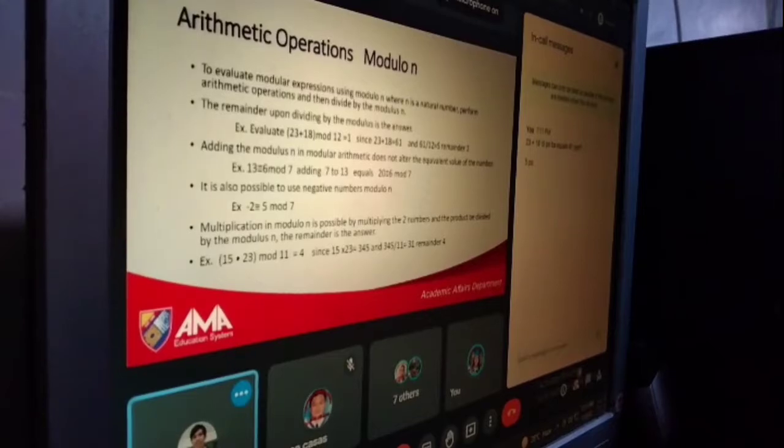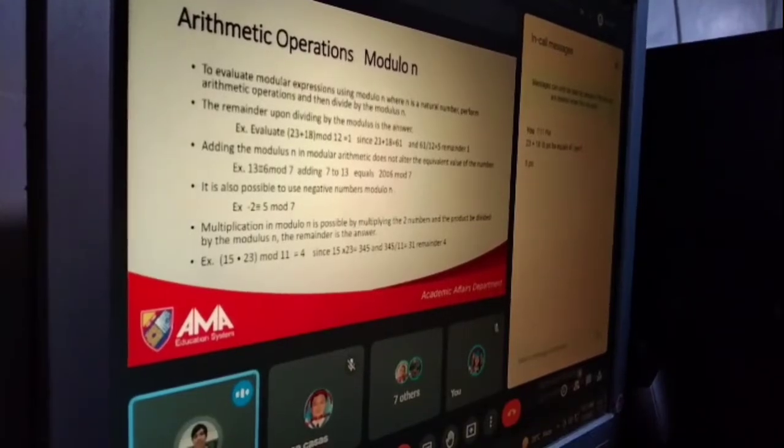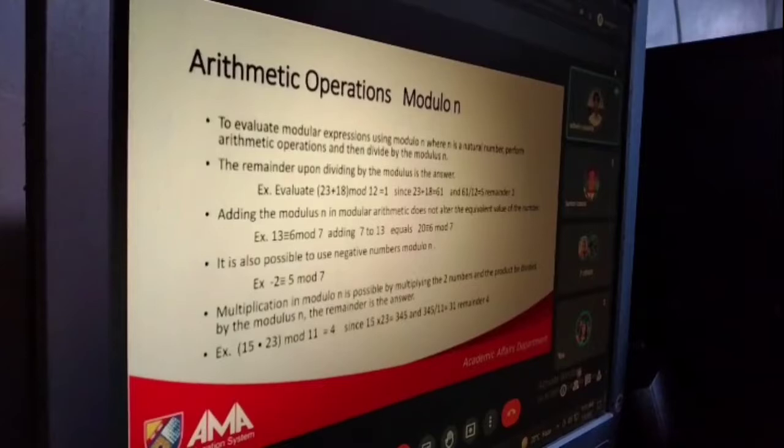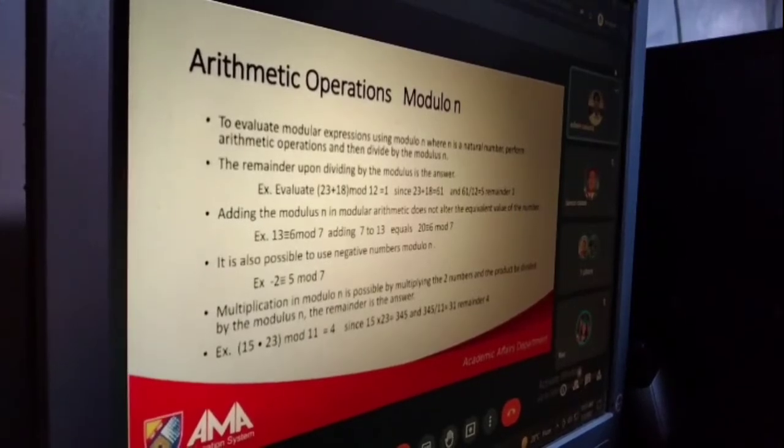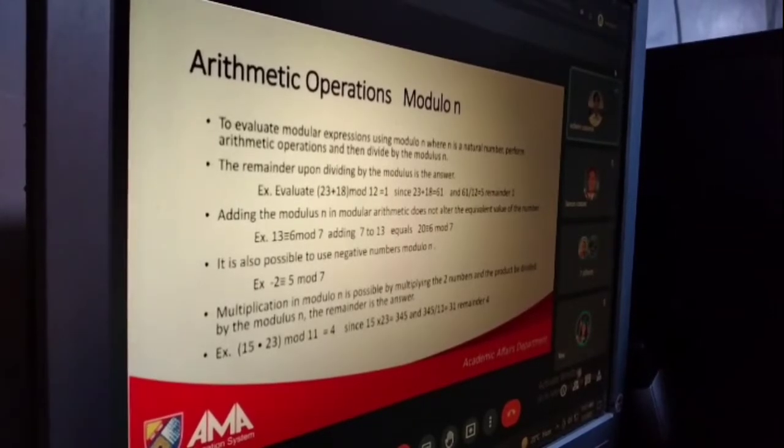Yes po, sir. Yes po. Okay. Adding the modulus in the modular arithmetic, ang tawag dyan is modular arithmetic, does not alter the equivalent value of the number. So, when we are talking about 13 is congruent to 6 with the modulus of 7, i-add daw natin yung first number o yung first integer dun sa ating modulo. So, 13 plus 7 is ilan? 20.